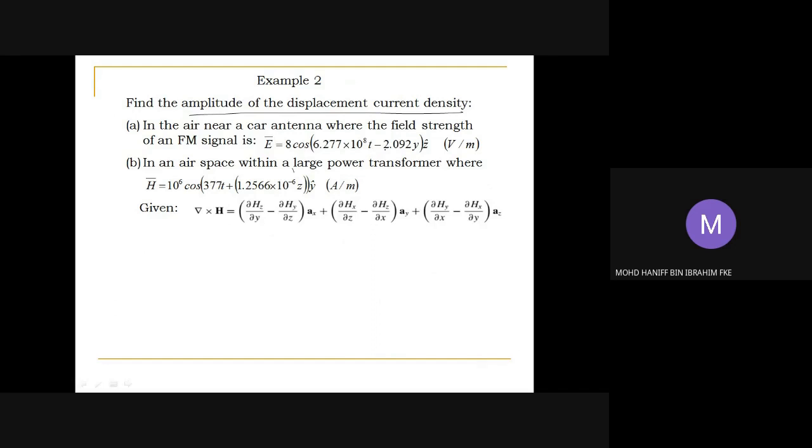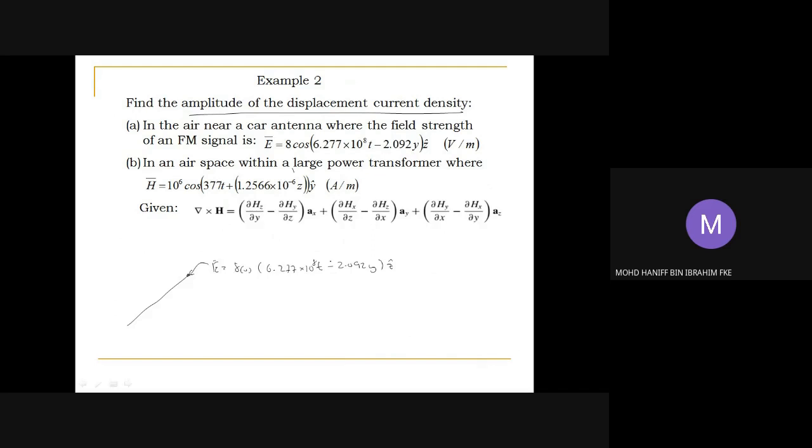Okay, we are given that in this particular case, we have the car antenna. Say this is your car antenna. There's an E field at this particular location near the antenna, given by 8 cosine of 6.277 times 10 power of 8 t minus 2.092 y direction of z.